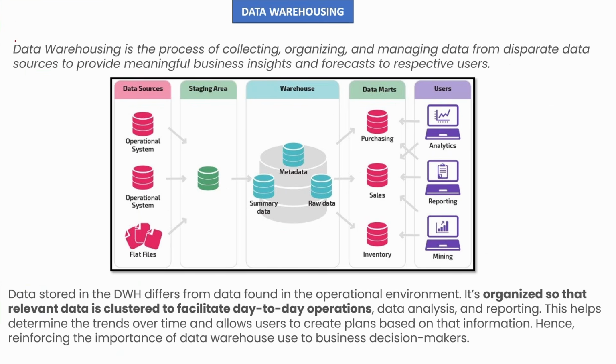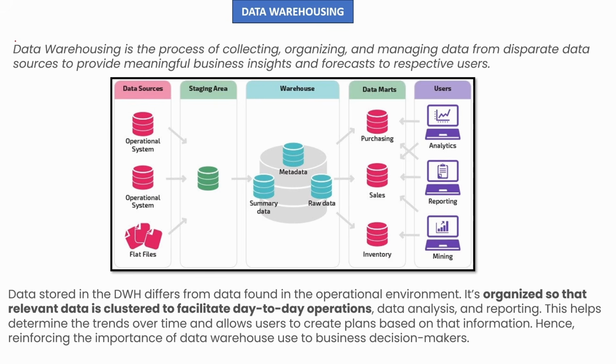Cool. Now let's go to the definition. Data warehousing is the process of collecting, organizing, and managing data from disparate data sources to provide meaningful business insights and forecasts to respective users. Make sense? Data stored in a data warehouse differs from data found in operational systems.